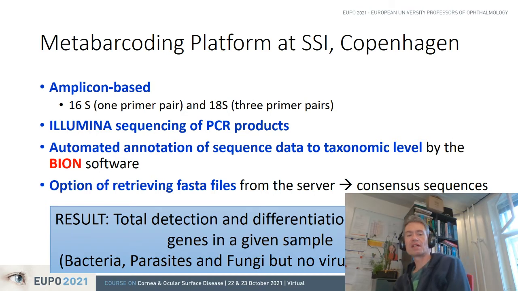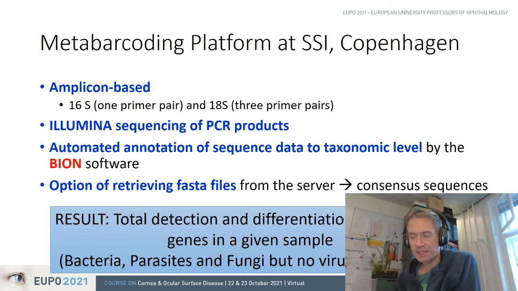The PCR amplicons are sequenced using Illumina sequencing technology, and the reads that we get are annotated automatically to taxonomic level by a software called BION, which was developed for this particular purpose, but which is actually free for use and download.